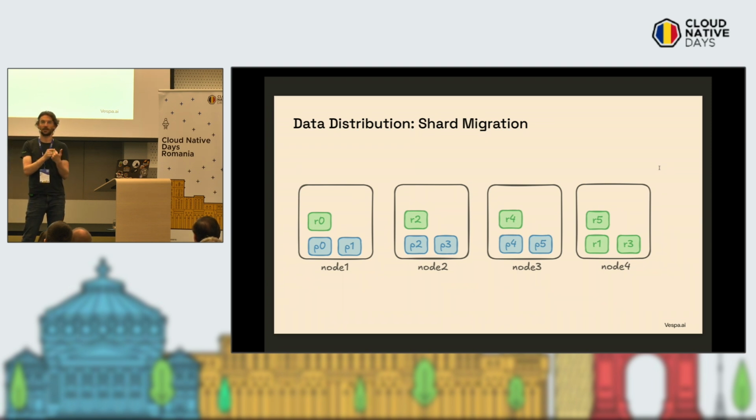The downside is, while we're doing this, the primary shard keeps accumulating the transaction log. So it's a bit of a race between how fast we can copy the data and how much the transaction log accumulates. Which in practice means you can't have shards that are too large. The rule of thumb is 50 gigabytes, but of course it depends on the hardware and network and stuff like that.